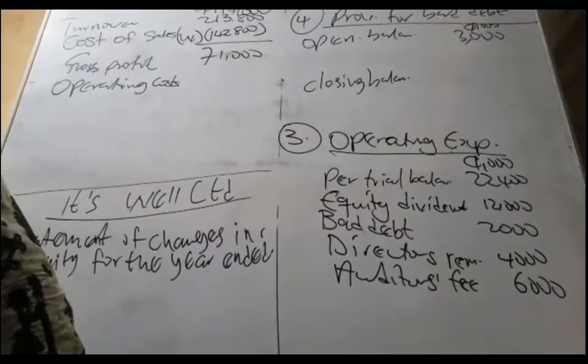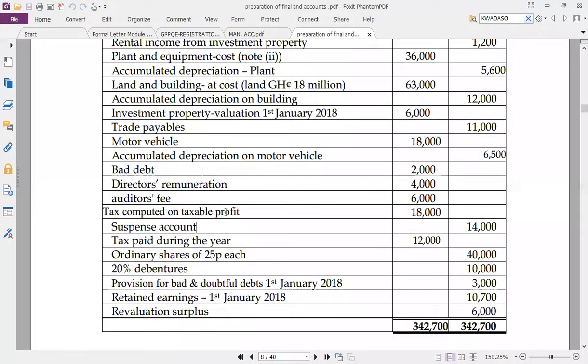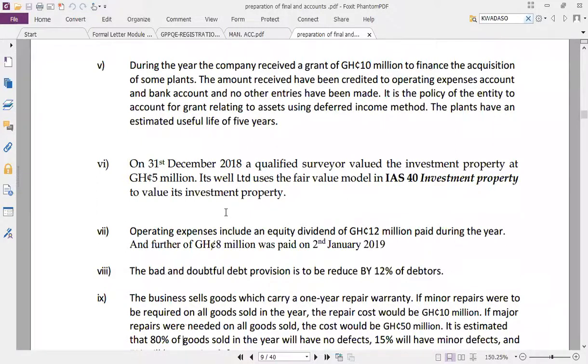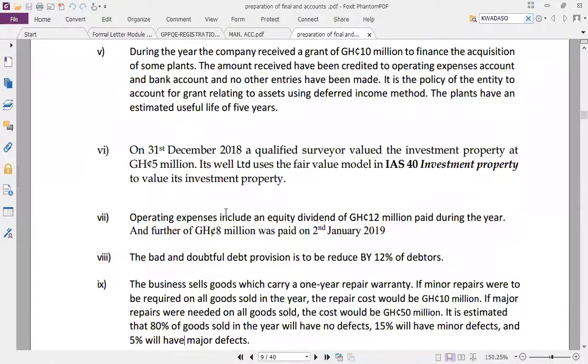So now let's see. So when we pick the footnote, let's go to the footnote. Note 8. The bad and doubtful debt provision is to be reduced by 12%. So of debtors or of receivable. So 12% of what? Receivable.